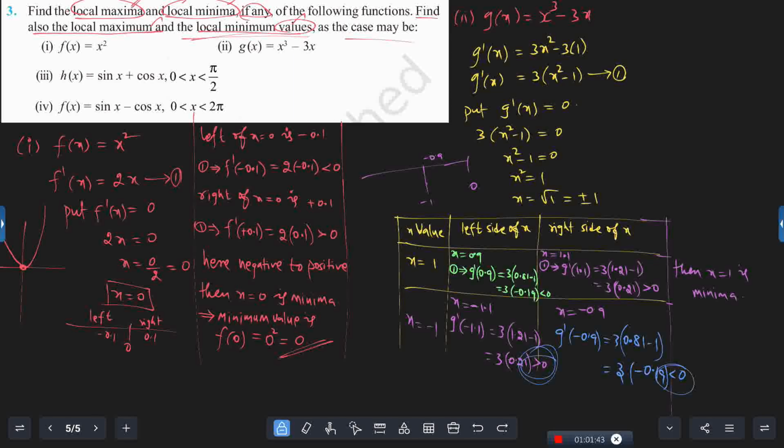Positive to negative, so we can say x equal to minus 1 is maxima.